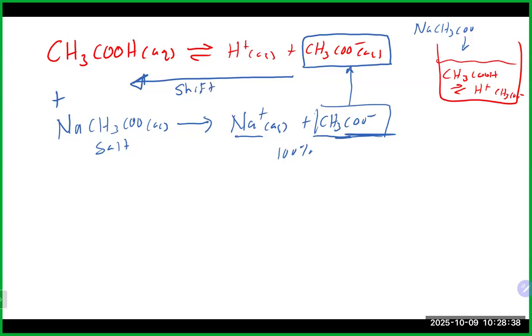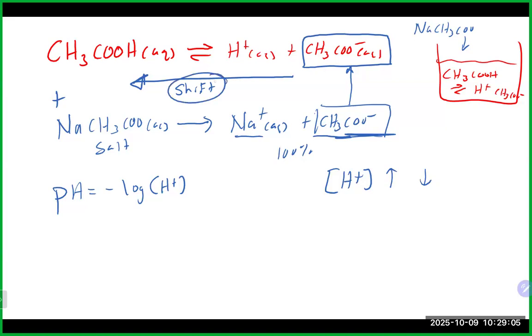Now, what does that affect? That affects a couple of things, especially if we're thinking about the pH here, which is minus the log of the H plus concentration. So when we have this shift that occurs because of the presence of this common ion, does the concentration of H plus go up or does it go down? Should go down, right?